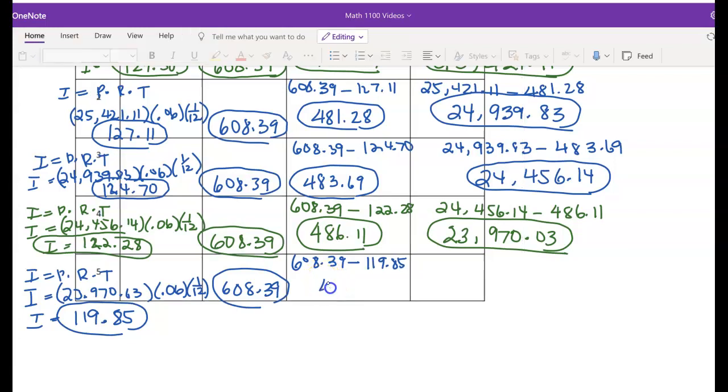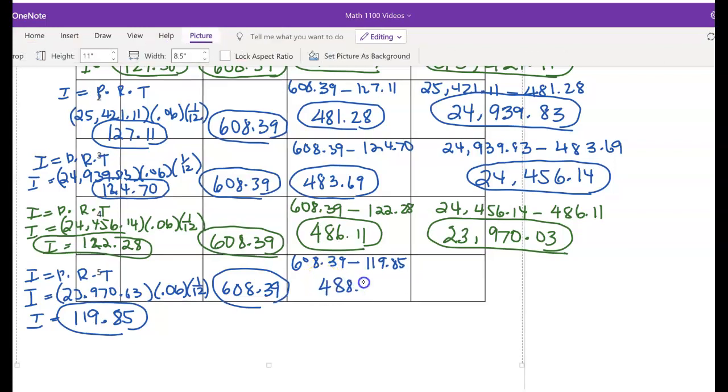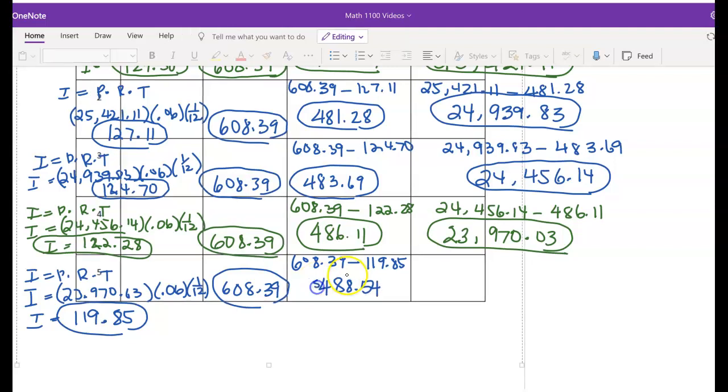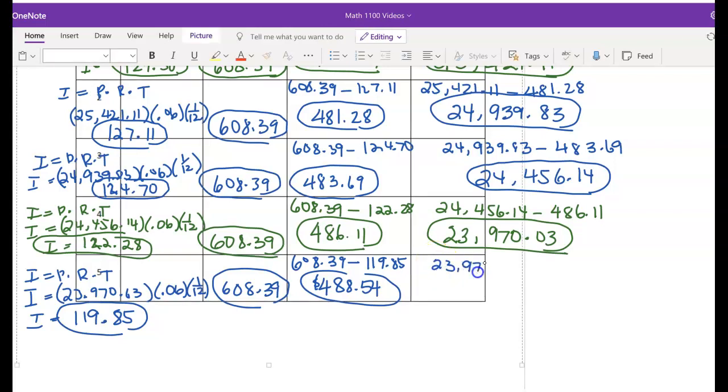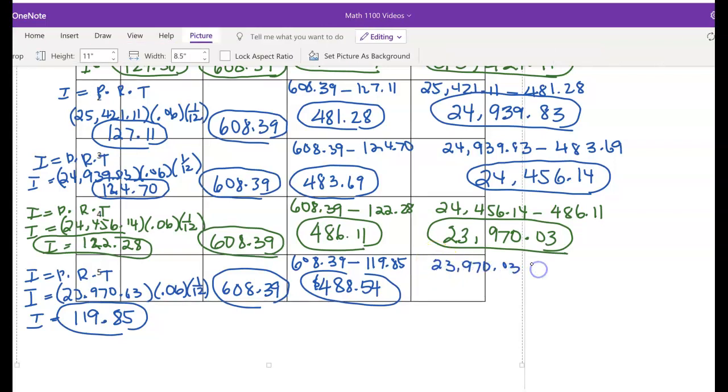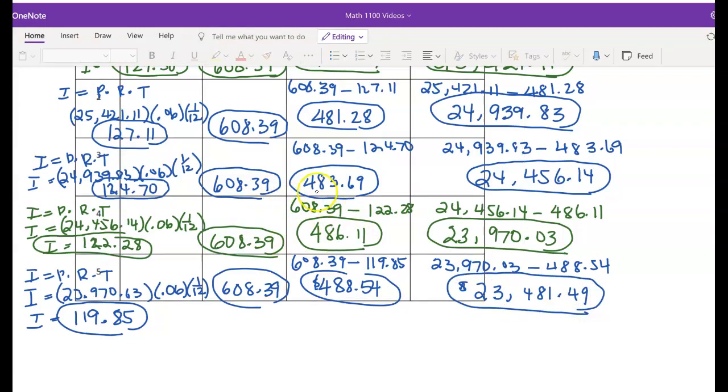And so now we can reduce our balance by $488.54. And our last space here is to take that old balance and then subtract away the amount we get to reduce our balance by. And we have a new balance of $23,481.49.